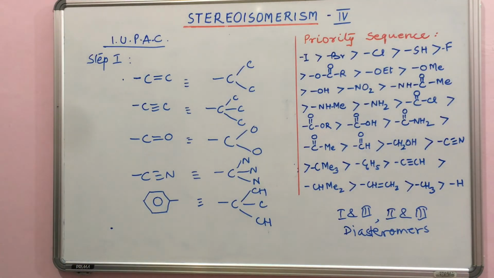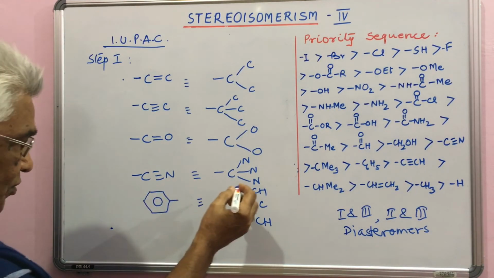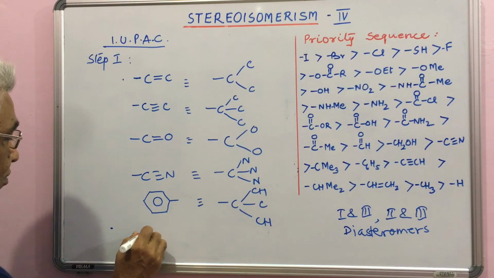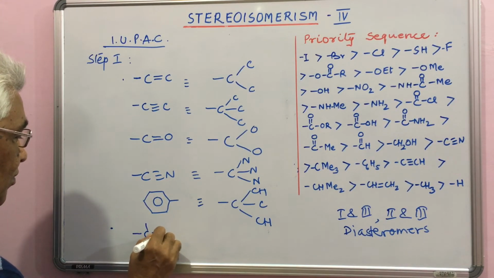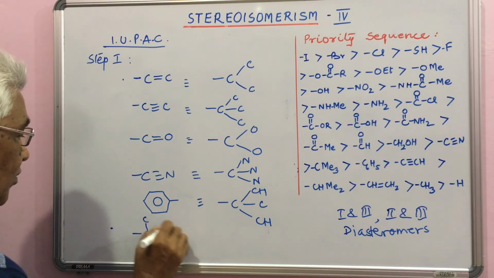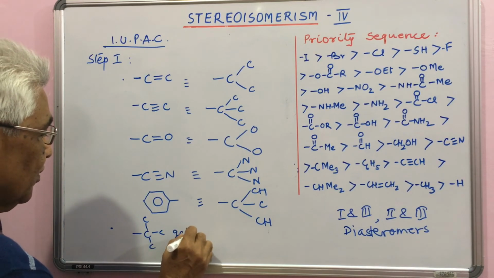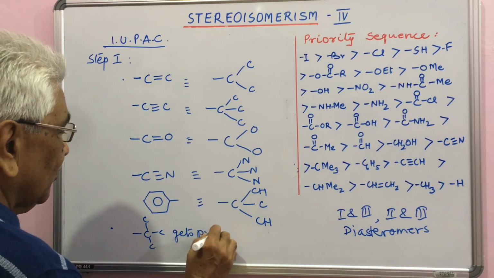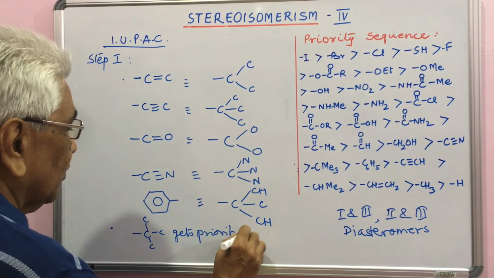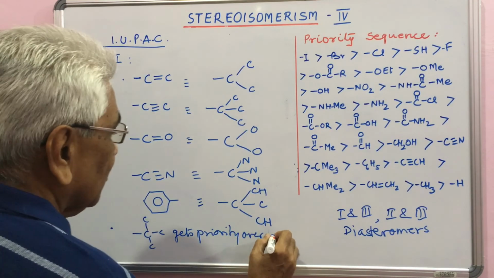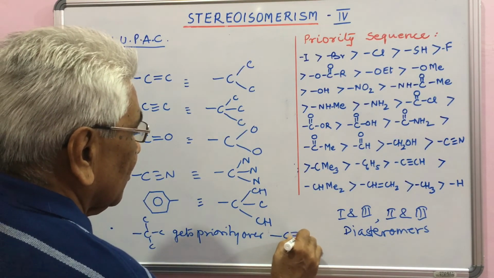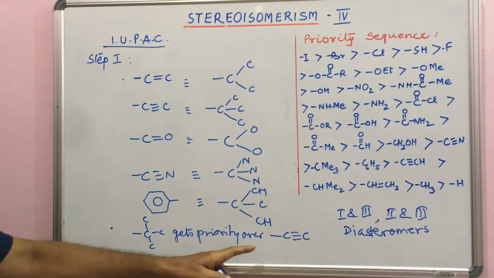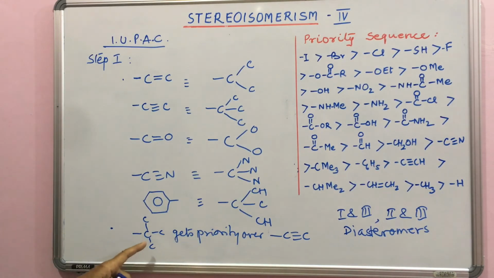Another thing, actual C triple bond C gets priority over this, which is also equivalent to C triple bond C. This is actual.